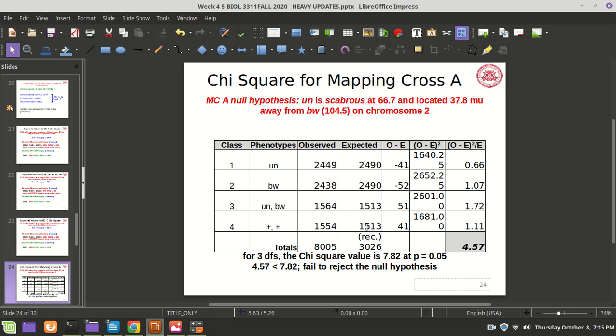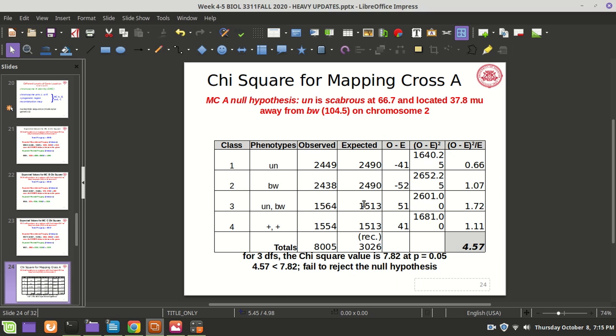Mendel says we should get this. This is what we observed. Chi-square tells us that 95% of the time you would be correct if you said that your observed data fit your model. That is, if you come in below 7.82.